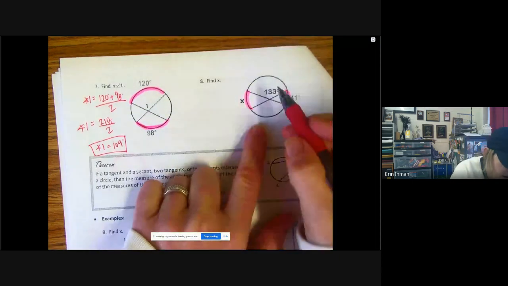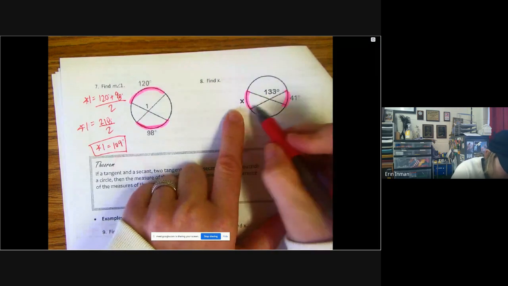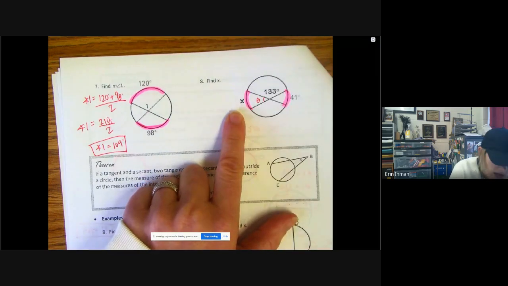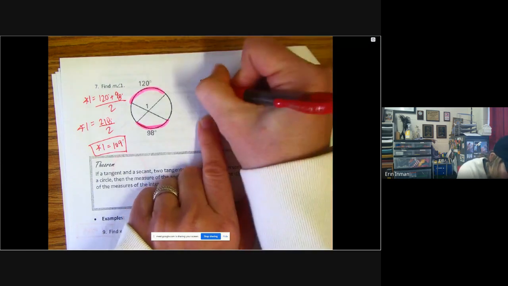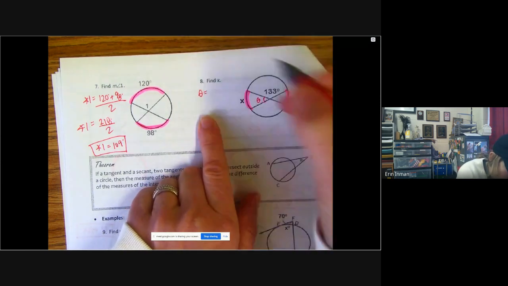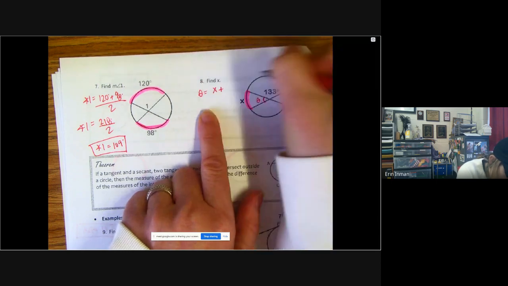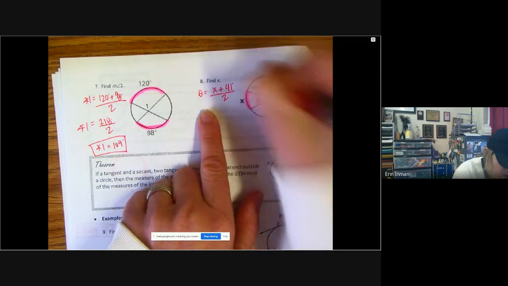All right, and then the next thing that we're going to look at is this one. This one is not as straightforward. I'm just going to put a theta right here. I know that theta, whatever that angle is, is going to be the arc that I'm looking for plus 41 degrees divided by 2.